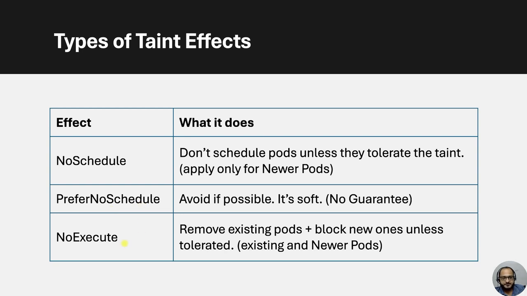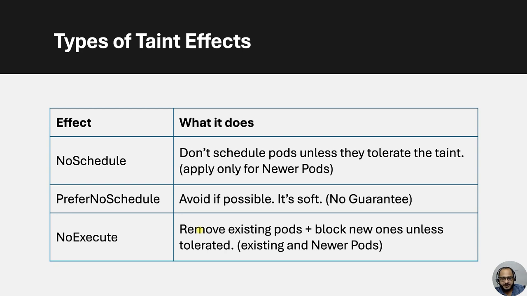What does it mean? If you are using the NoExecute effect with a taint, it means if you have an existing pod running on that worker node, it will remove that pod also. And if you are scheduling a new pod, that pod also will be evicted or restricted, and it will not run. So these are the effects we can use when we define taints and tolerations for our Kubernetes resources.